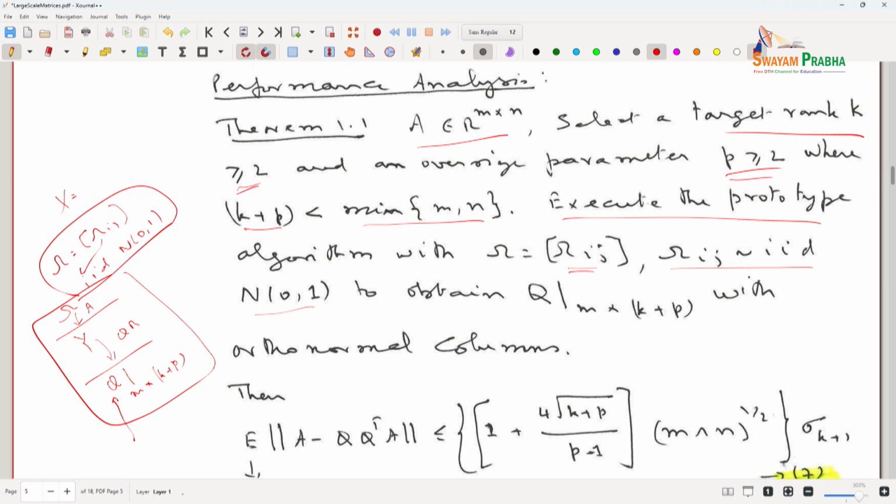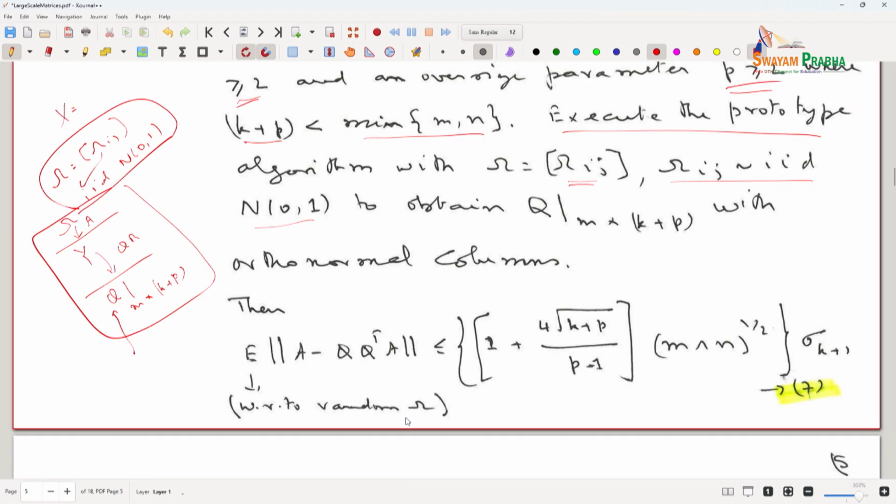So, what is the performance guarantee? It can be shown that the expected value of the error in approximating A by rank k plus p, this is the random matrix. Why this random matrix? The elements of omega are random, the elements of y are random, the elements of q are random.